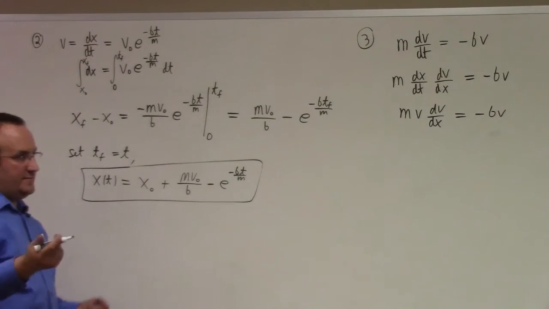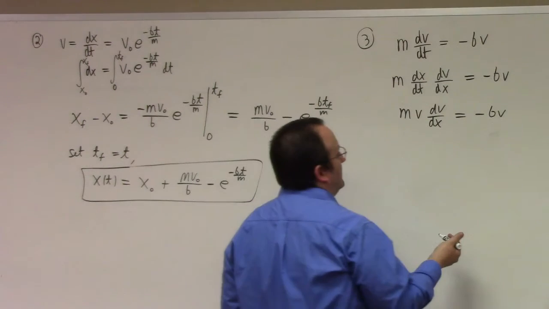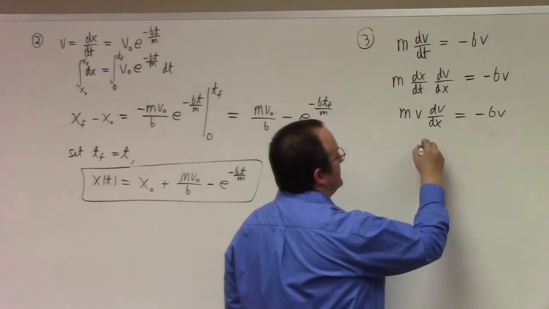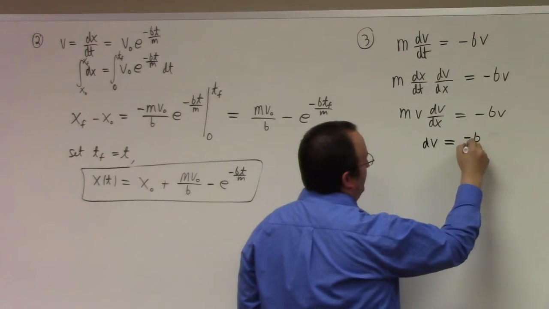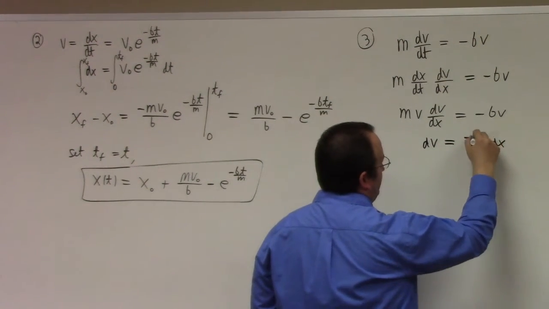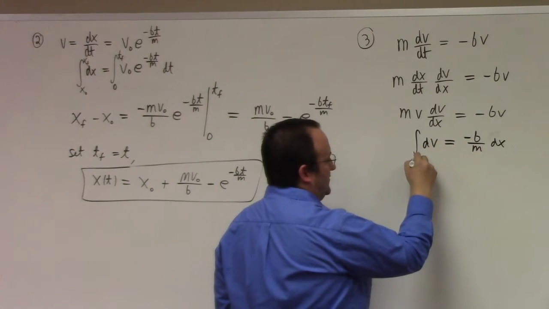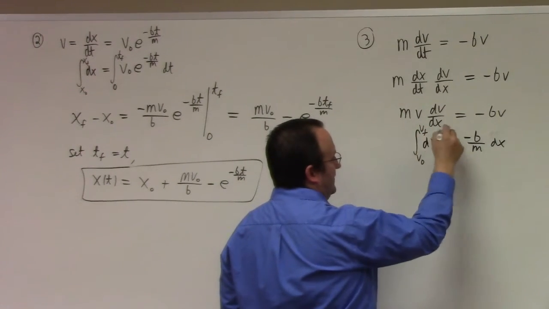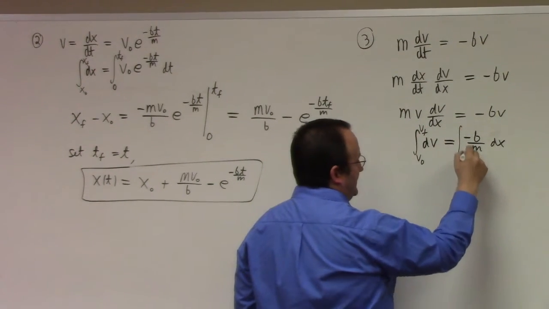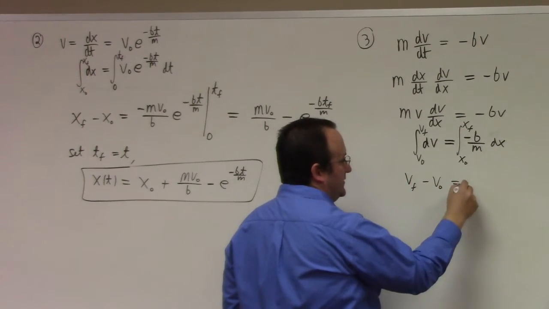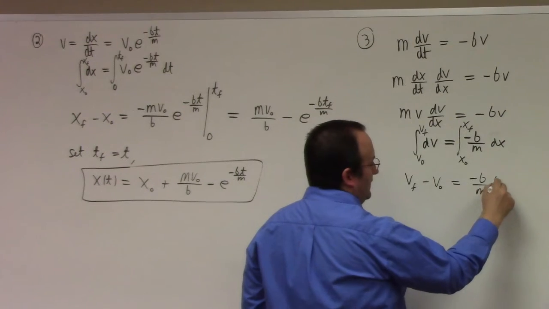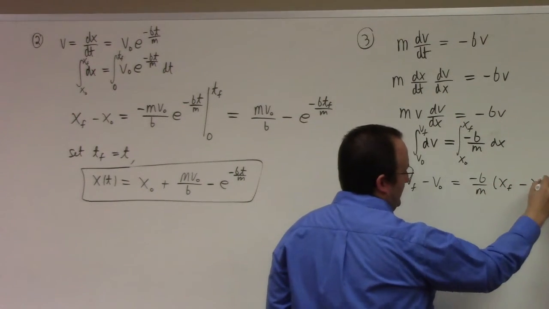And separate, integrate. Oh, the v's cancel. Cool. So this just gives us dv is equal to minus b over m dx. It's almost too stupid. So integrate from v naught to vf, integrate from x naught to xf. We get vf minus v naught equal to minus b over m times final position minus initial position.